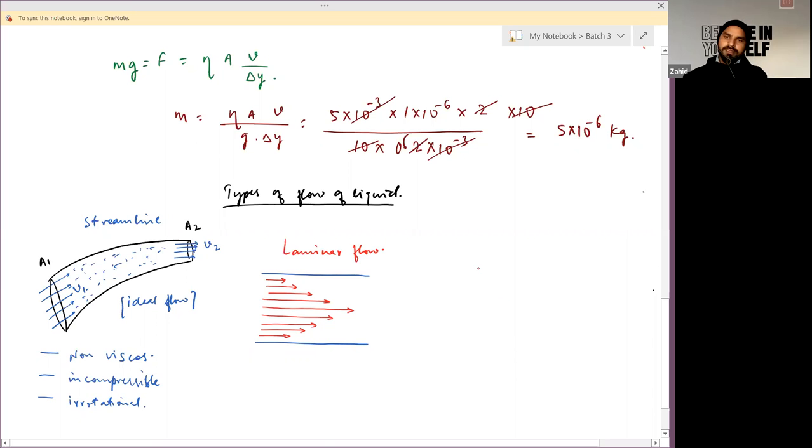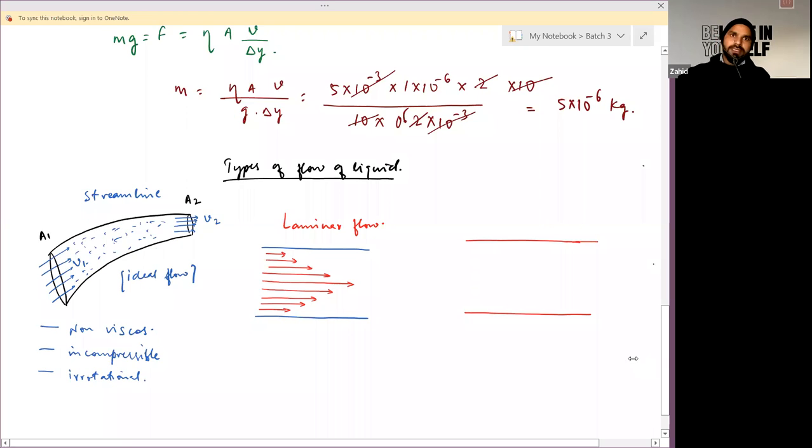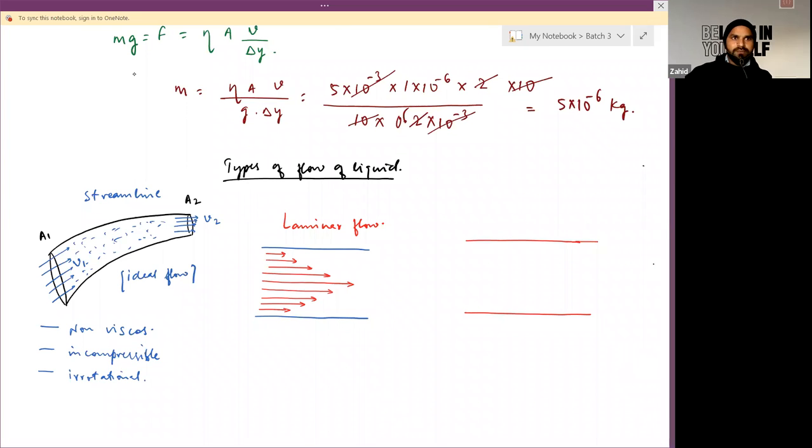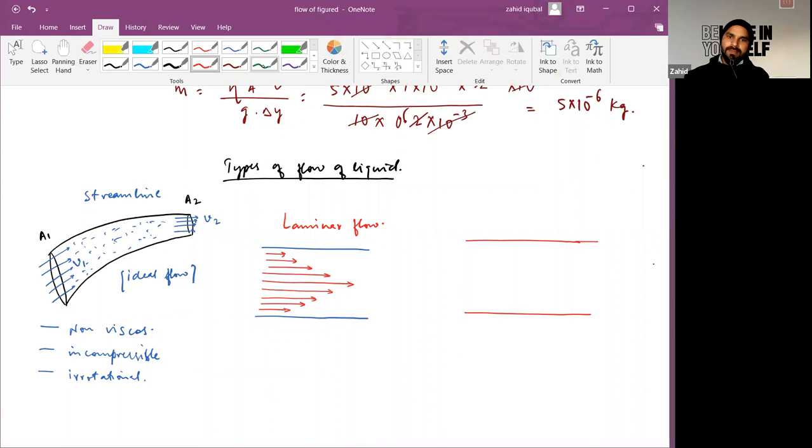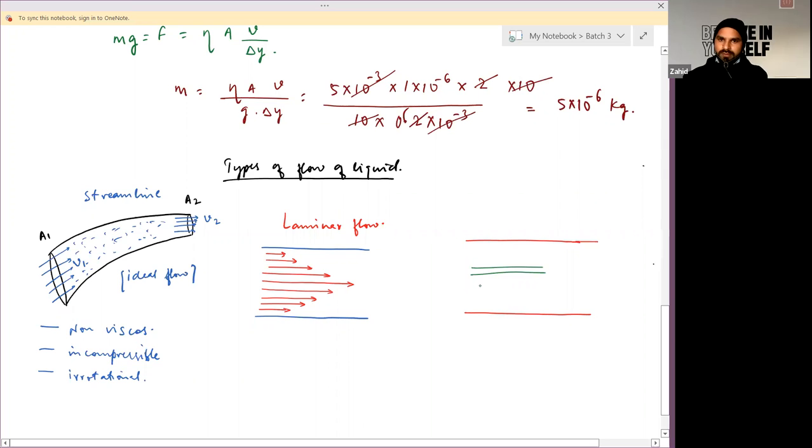Third, suppose there is a tube in which the velocity of each layer is irregular. Due to irregularity in velocity of each layer, suppose this layer has some velocity v and this adjacent layer has some greater velocity as compared to this.